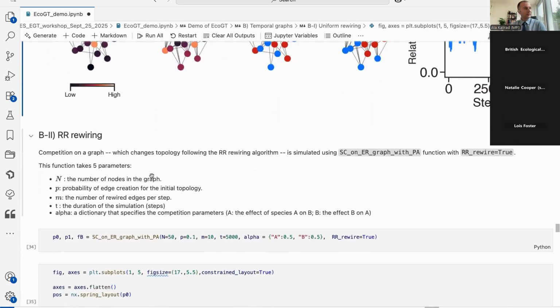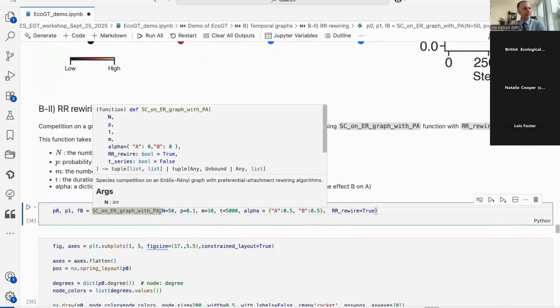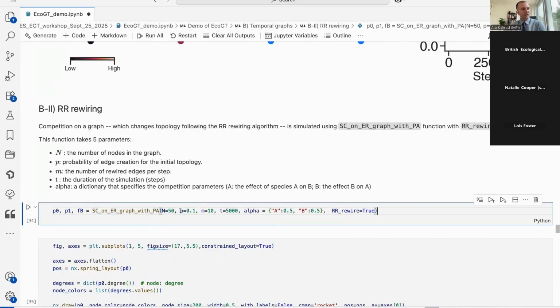The rich gets richer algorithm is done with this method. I call it species competition on Erdős-Rényi graph with preferential attachment rewiring algorithm. In this case, it starts from an Erdős-Rényi graph, and you give it the number of rewiring events per step.